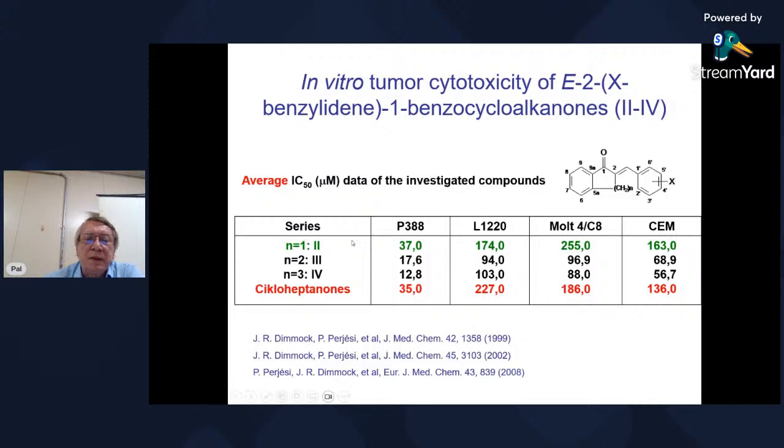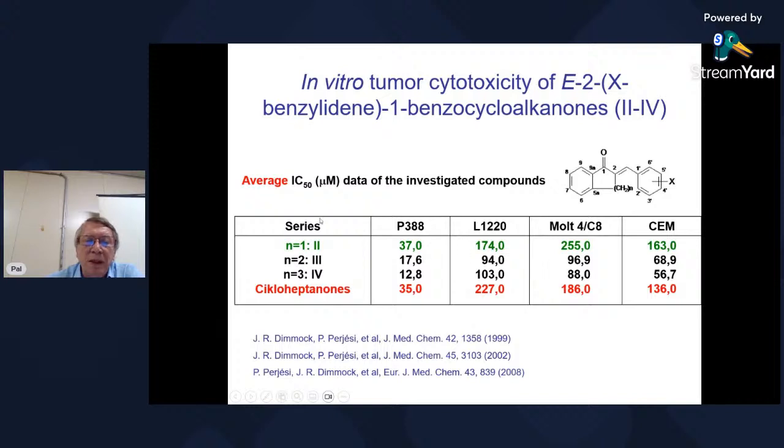These data represent the average of the compounds belonging to series 1, series 2, series 3, and series 4, with 5-membered ring, 6-membered ring, and 7-membered ring, with different substituents on the benzylidene unit.